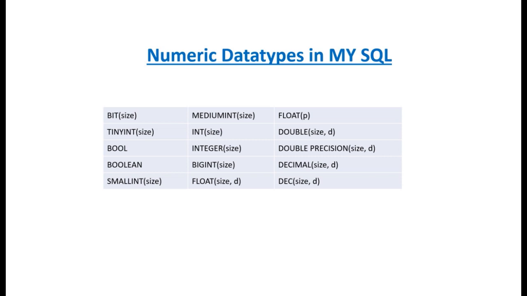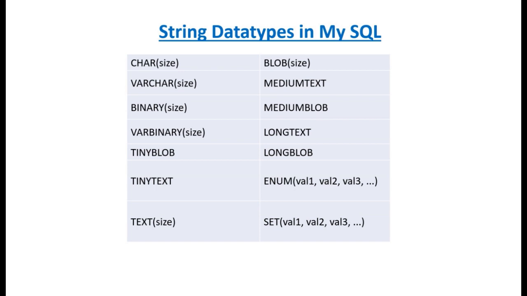Integer is usually used to store whole numbers, and float is used to store decimal numbers, but there may be changes according to the size. You can experiment with the data types and learn how to store data in numeric format in SQL.